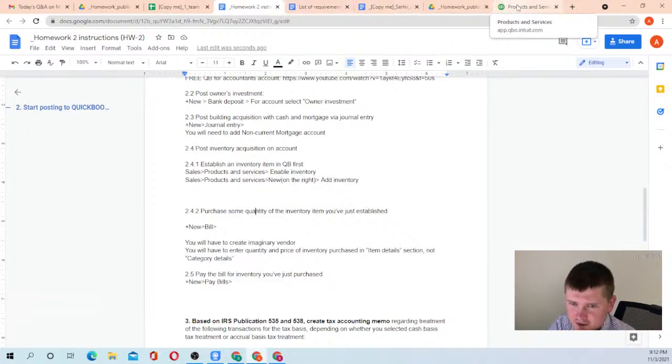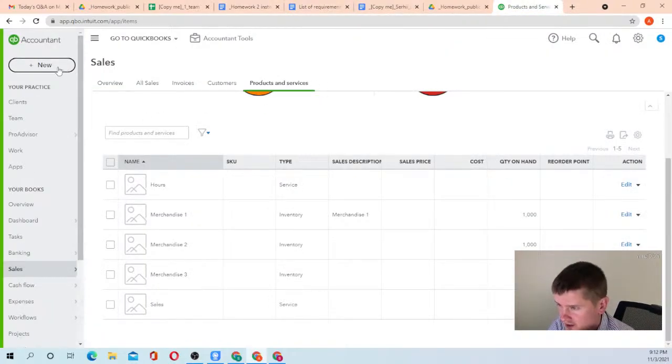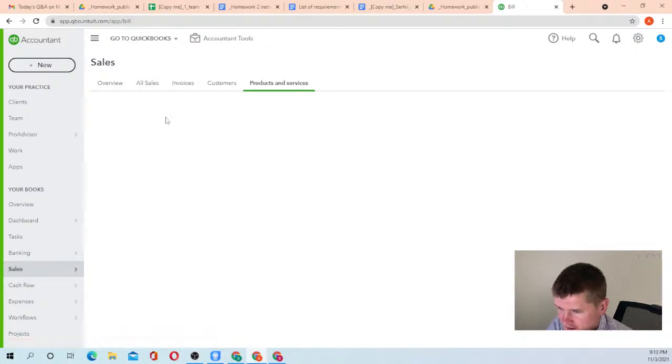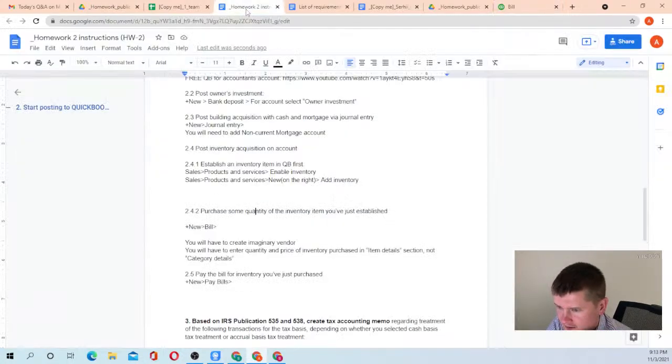That operation assumes that we are creating a bill. We are getting a bill, an invoice from a vendor. Let's click bill. Let's see what we have here. We create an imaginary vendor, and we create a quantity and price of inventory purchased.